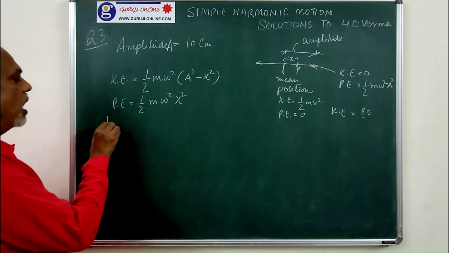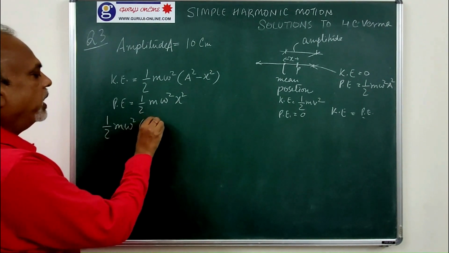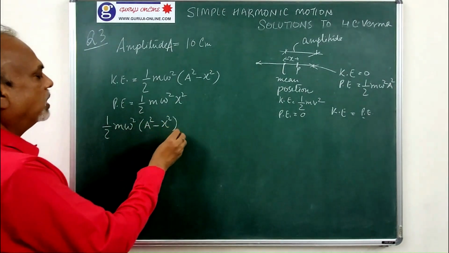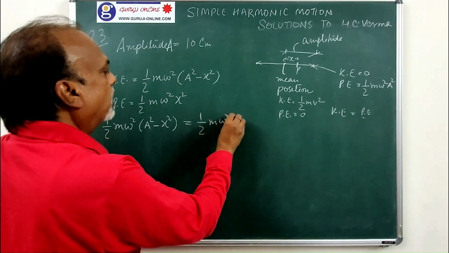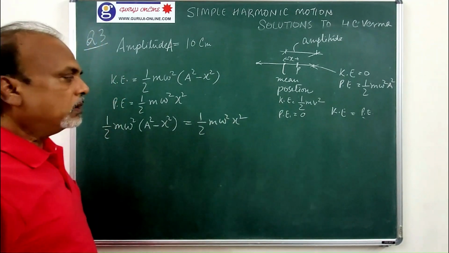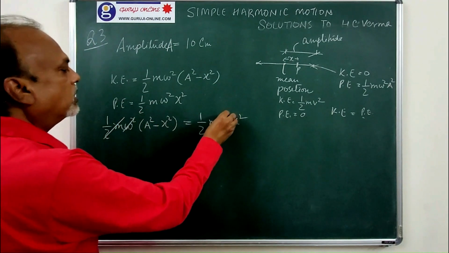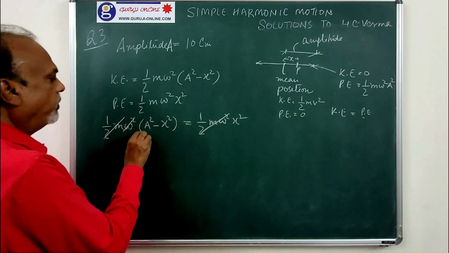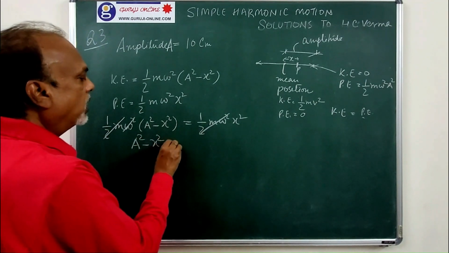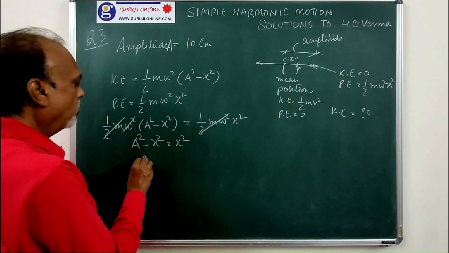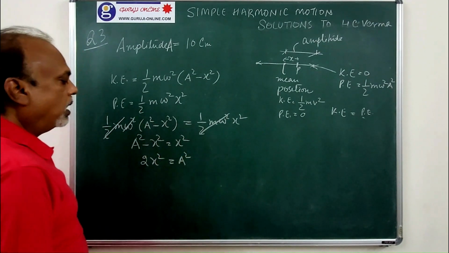That means half m omega square, a square minus x square is nothing but half m omega square x square. Now this half m omega square cancels out. We are left with a square minus x square is equal to x square, or you can write it as 2x square is nothing but a square.